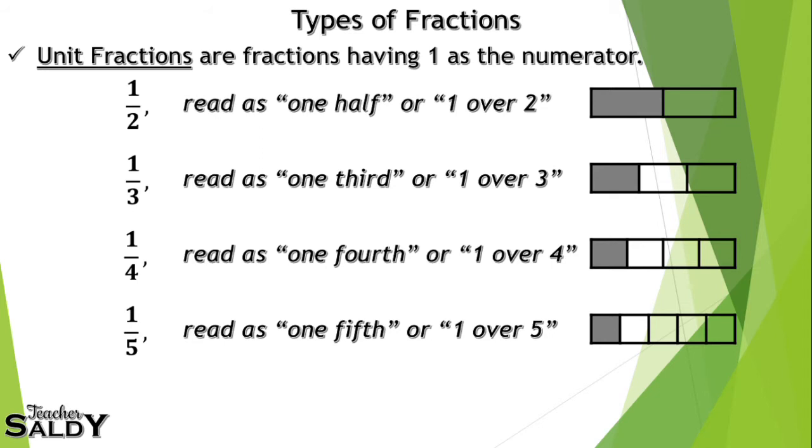So in a whole number, it is divided into 5, and 1 is shaded, or 1 is taken. So that's 1/5. So in these fractions, for me, it is better to say 1/2, 1/3, 1/4, and 1/5, because when the fraction gets higher, you will not be confused.